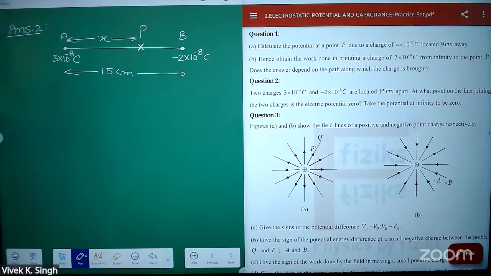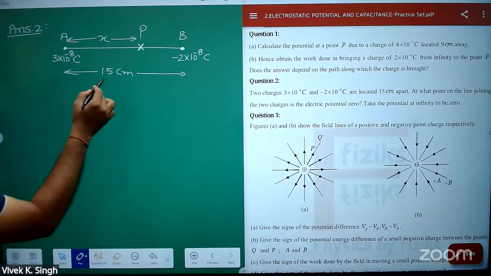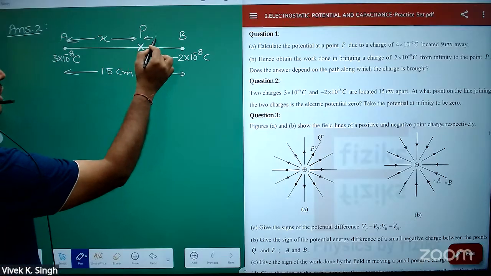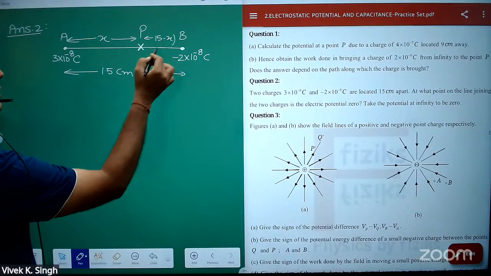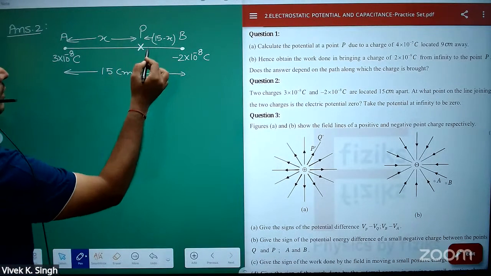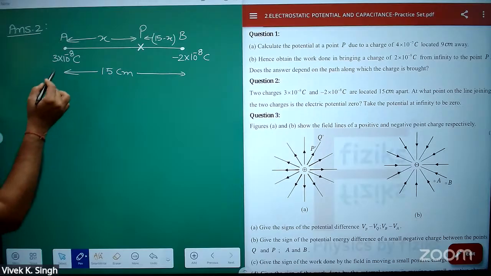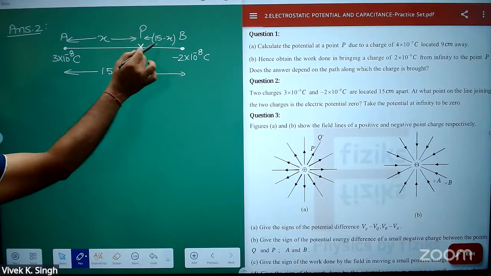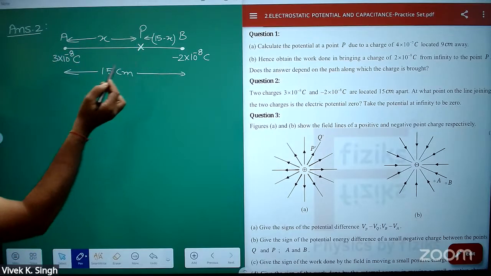I'm assuming potential at point P is 0. So if this is X, this will be 15 minus X. So when potential is 0, potential due to this charge plus potential due to this charge is equal to 0.